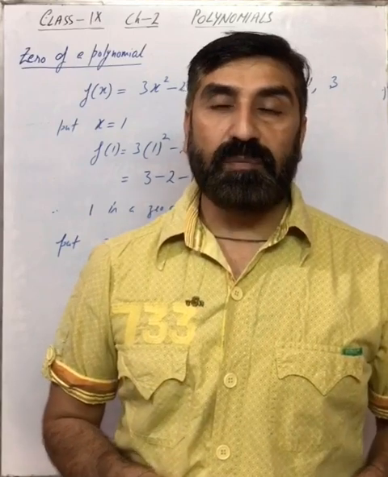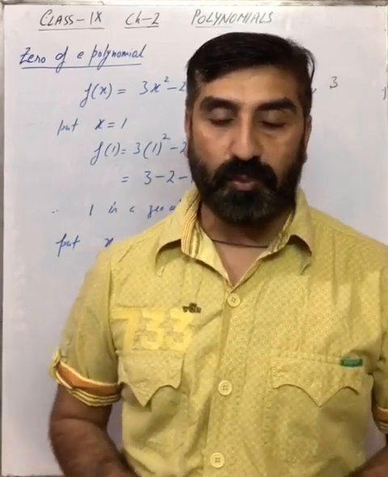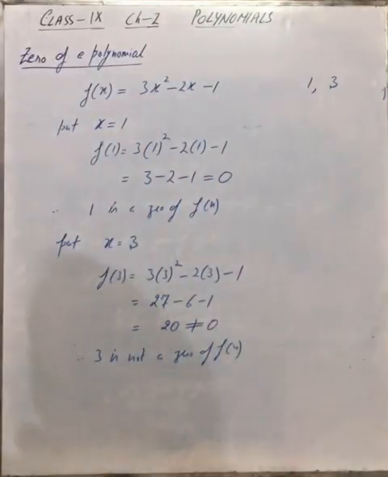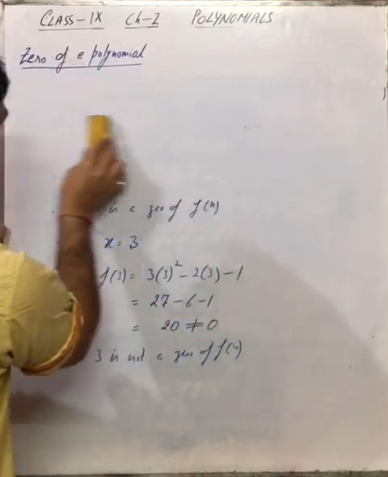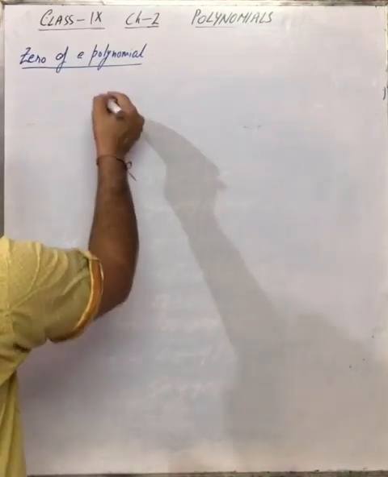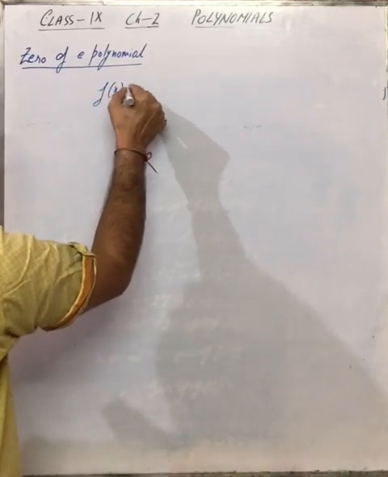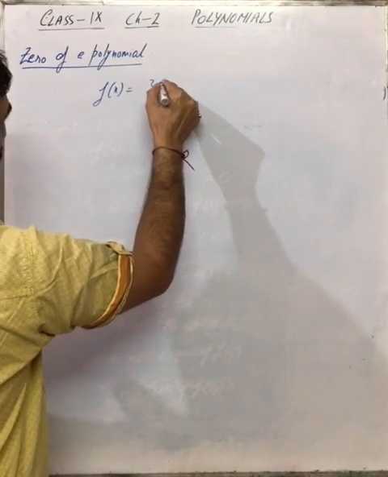You must be careful. The polynomial can be linear, it can be quadratic, it can be cubic. Now the second part of these questions. Here we have discussed that if the values are given, you need to check whether these are the zeros of the polynomial or not. The second part of the question is, you are given a polynomial. Suppose you are given say 3x minus 1.